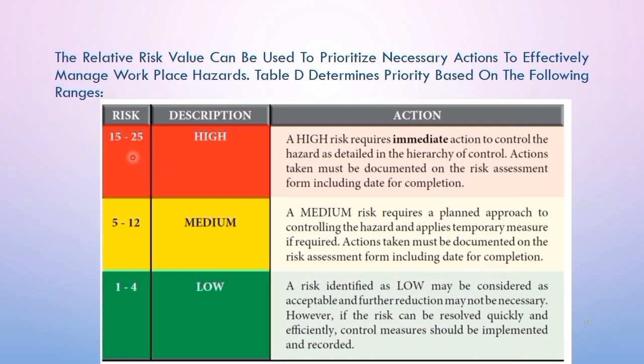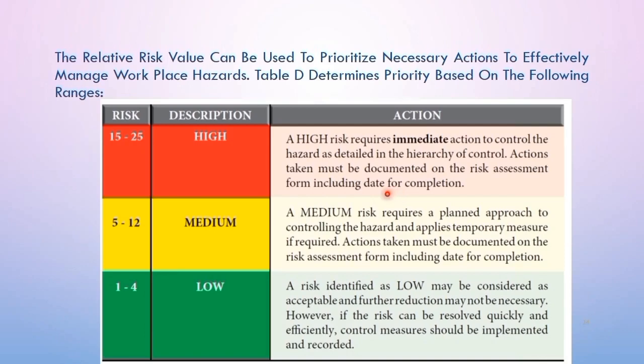If the risk value is 15 to 25, it is considered high risk and we really have to take immediate action to control the hazard. At the same time, all the actions taken must be documented on the risk assessment form, including the date for completion.